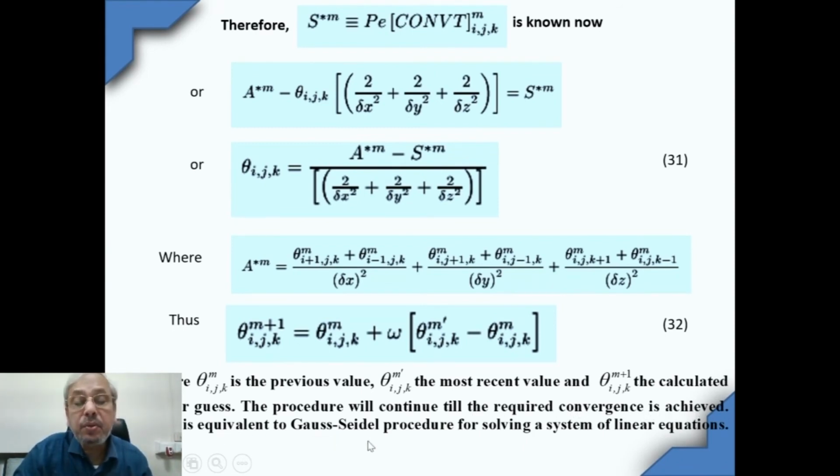This is equivalent to the Gauss-Seidel procedure for solving a system of linear equations. Following the Gauss-Seidel procedure, we can solve for theta and repeat the iterative loop till the steady state temperature is reached. So this is the overall strategy for solving the energy equation and finding the temperature at each cell.